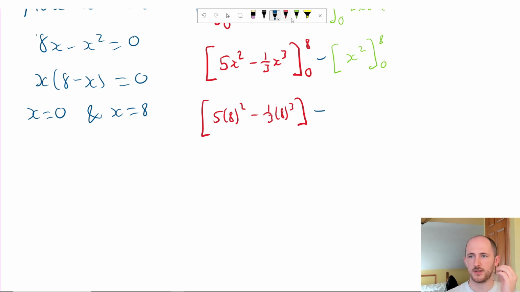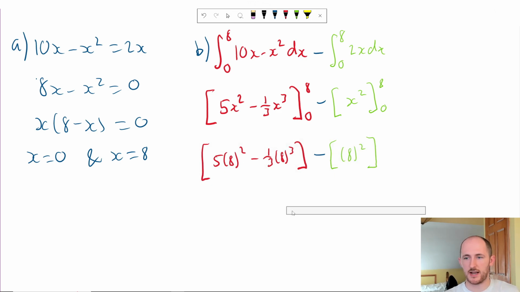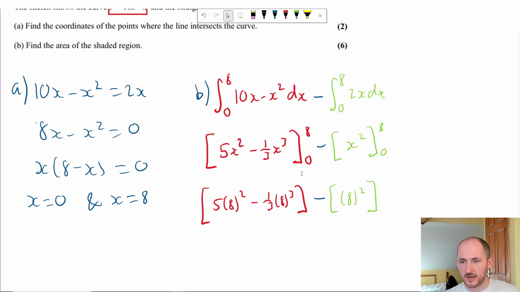And minus the green one, 8 squared. And again, remember, since none of the curves are underneath the x-axis, I don't need to make it positive. I can literally put this in my calculator now, get the marks. 6 marks for 3 lines of working out.